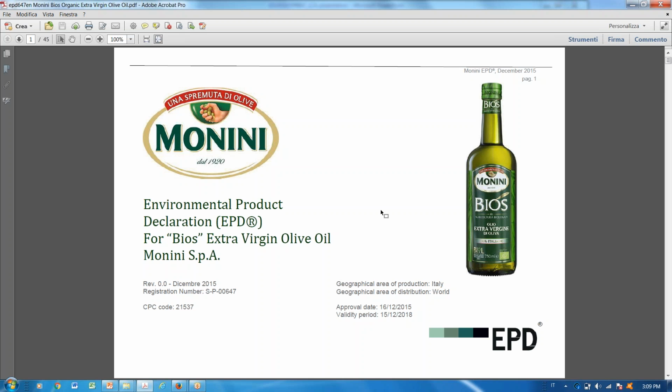But the methodology is the same, which is LCA, life cycle assessment. And as you can see, there is a presentation of the company and presentation of the product, which is the object of the LCA.